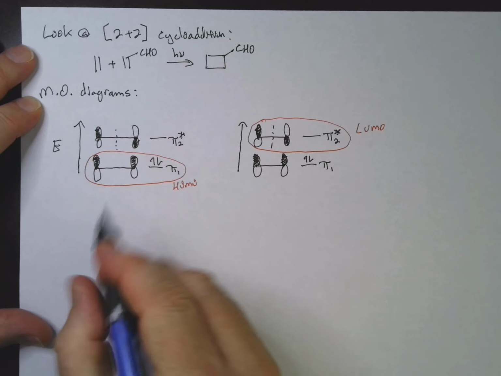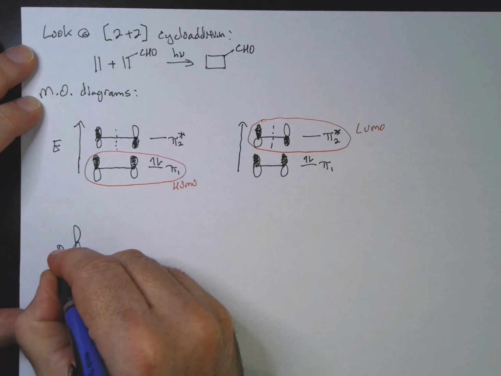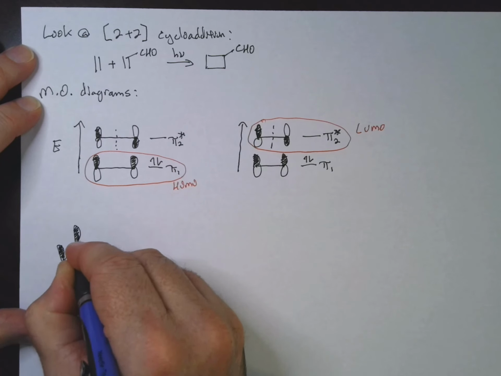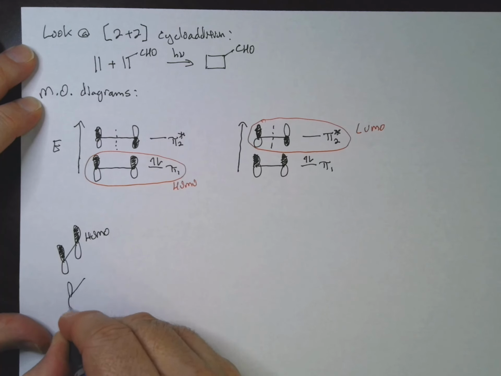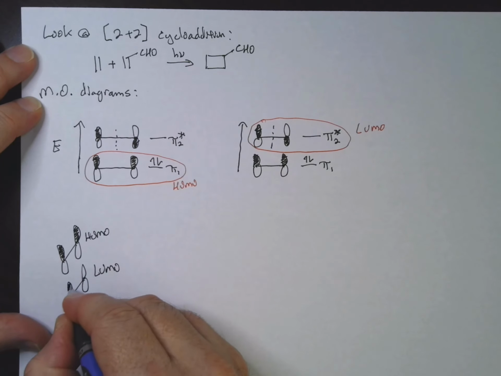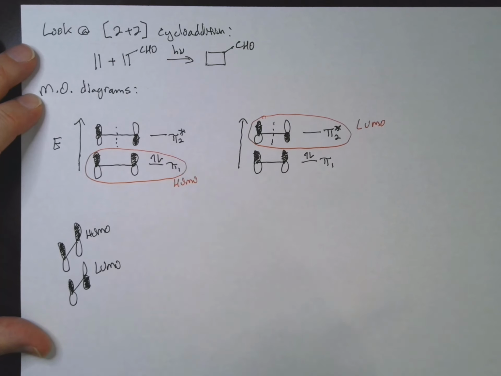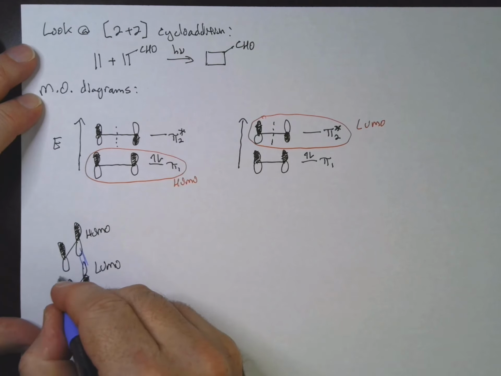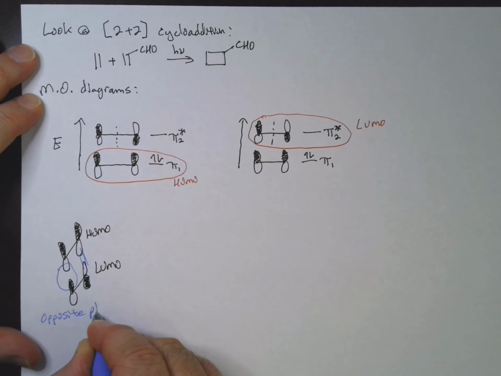But we can see here that the HOMO and the LUMO, if I look at my orbitals here, I have some good overlap, but then I have an area where I have opposite phases, which is poor overlap.